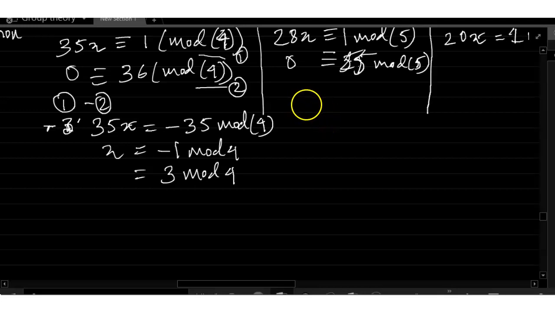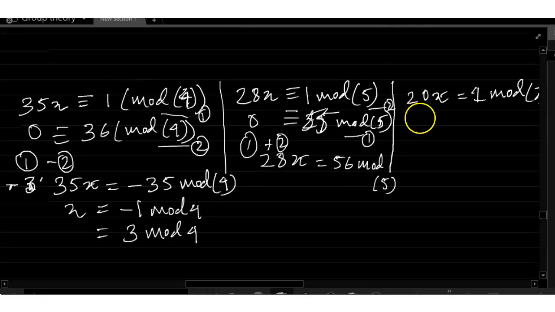Similarly, for 28x and 20x, this portion gives 21 mod 7.